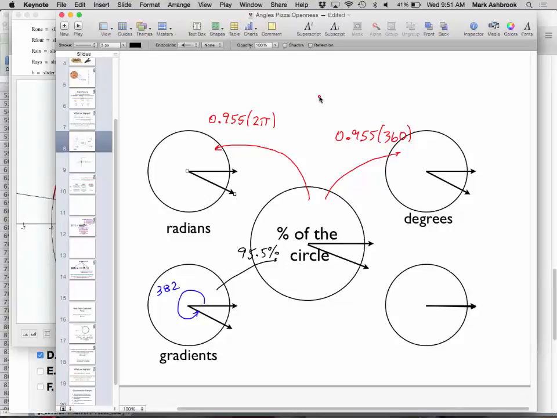All of these angles are the same angle, so in every case it's 0.955 or 95.5%. We take 0.955 of 360 to get degrees, and 0.955 of 2 pi to get radians. So go to your home base first, percent of the circle, and then all you need to know is what a full circle is for whatever unit you're dealing with, and you take that percent or fraction.